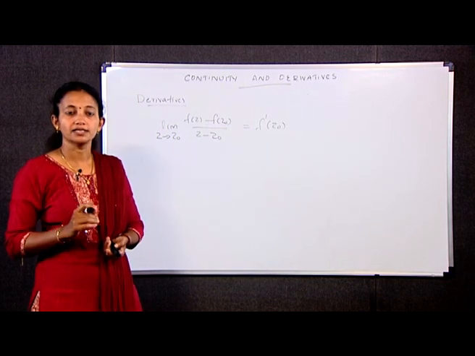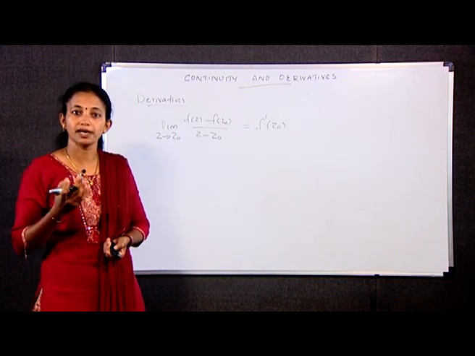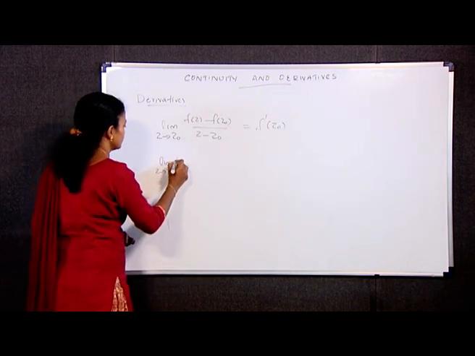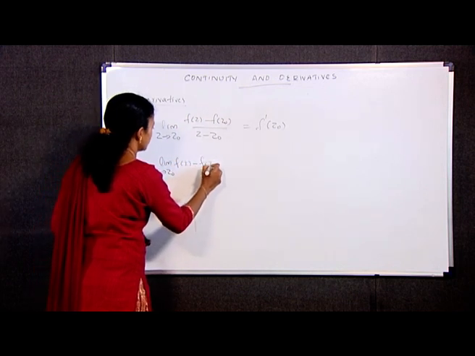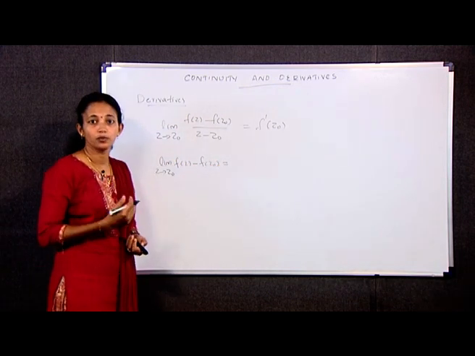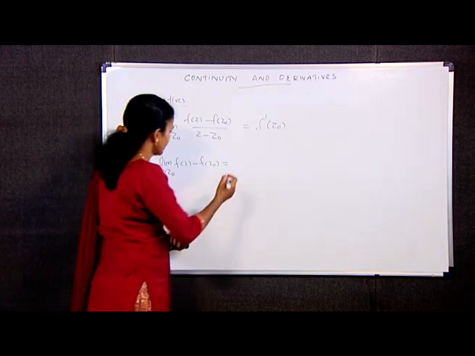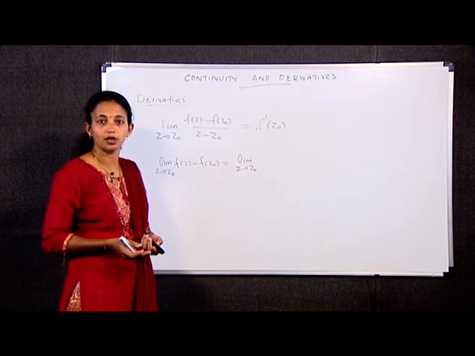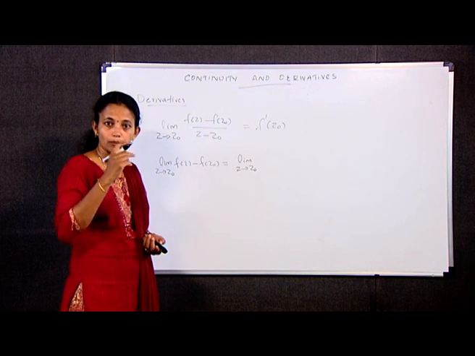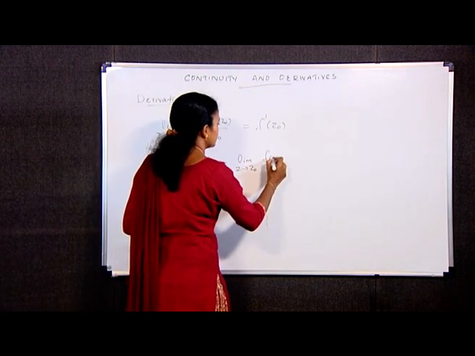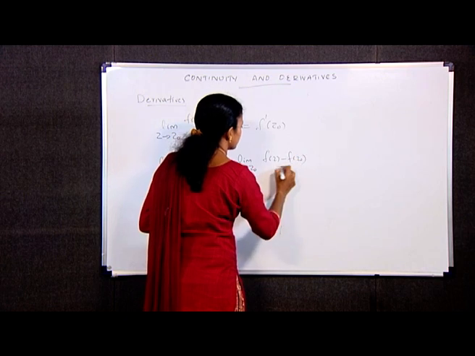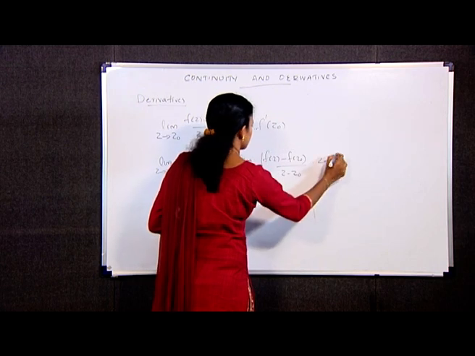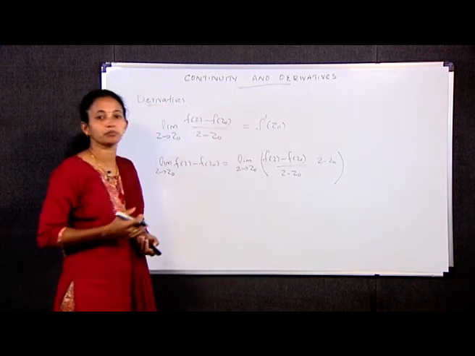We write limit z tending to z0 of f of z minus f of z0 is equal to, this way I can write, limit z tending to z0 of f of z minus f of z0 by z minus z0 into z minus z0, multiplying and dividing by z minus z0.